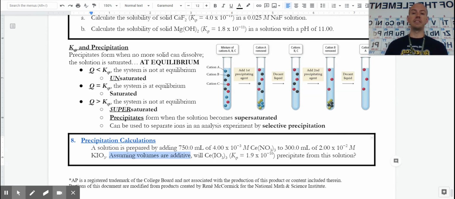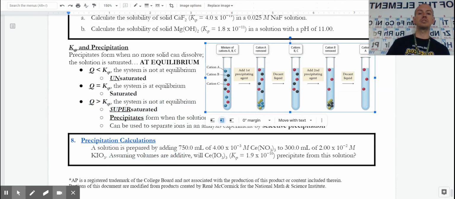Another thing to mention is that if we have different chemicals floating around in a solution, a lot of times we do what we call a qualitative analysis, where I've got multiple ions in a solution. We could think about the Ksp for all those different things and recognize which ion is going to precipitate first.